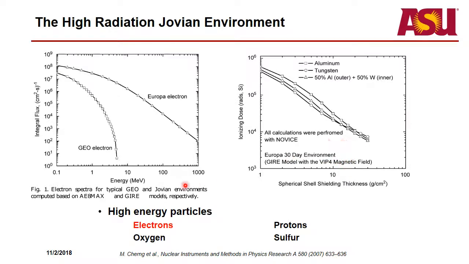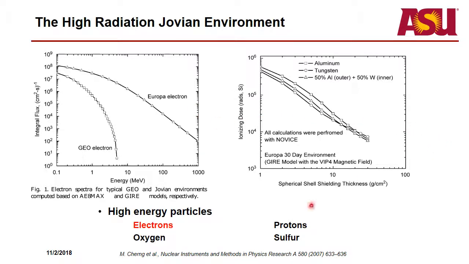For comparison, for Earth's geo-orbit, you can spend 10 years in that orbit and only get a few hundred kilorad, whereas for the range of shields projected for this study, it's 10 kilorad just for 30 days, and if you go to a thinner shield, you can go up to hundreds of kilorad in that 30-day time period. So things have to be much, much harder: megarad hard versus a few hundred kilorad hard, like for the Earth environment.